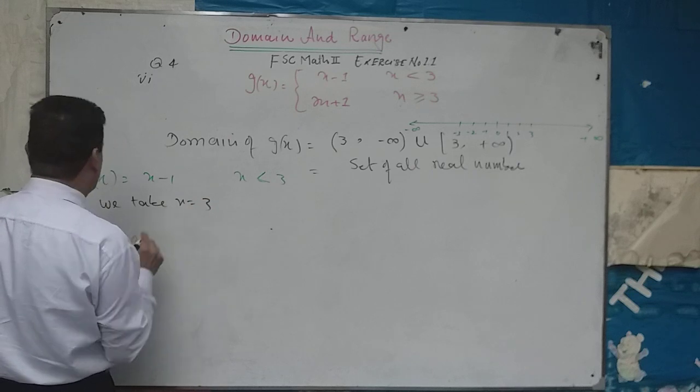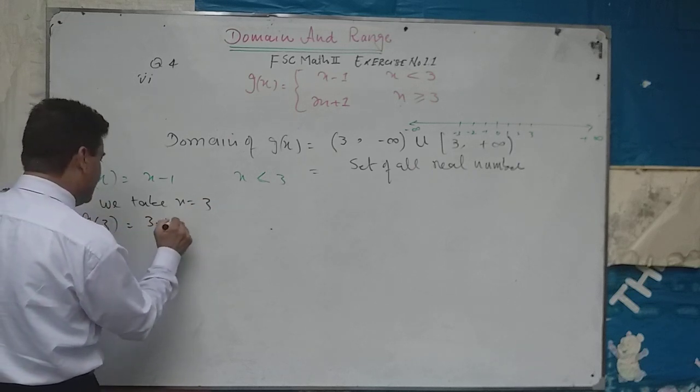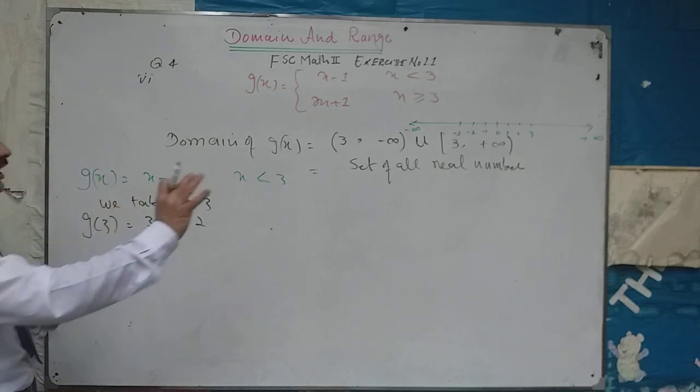The function becomes 3 minus 1, which is 2. But 2 is not included in our range because 3 is not included in our domain.